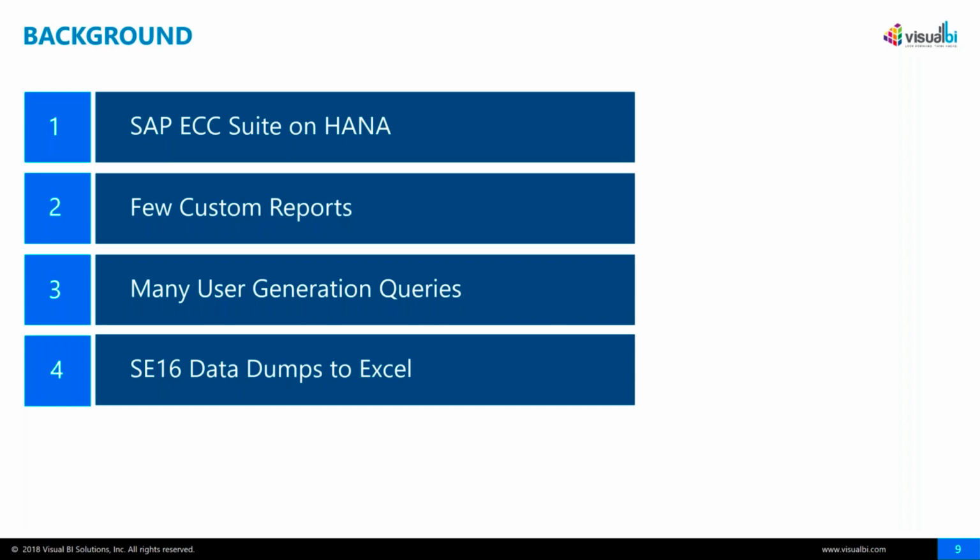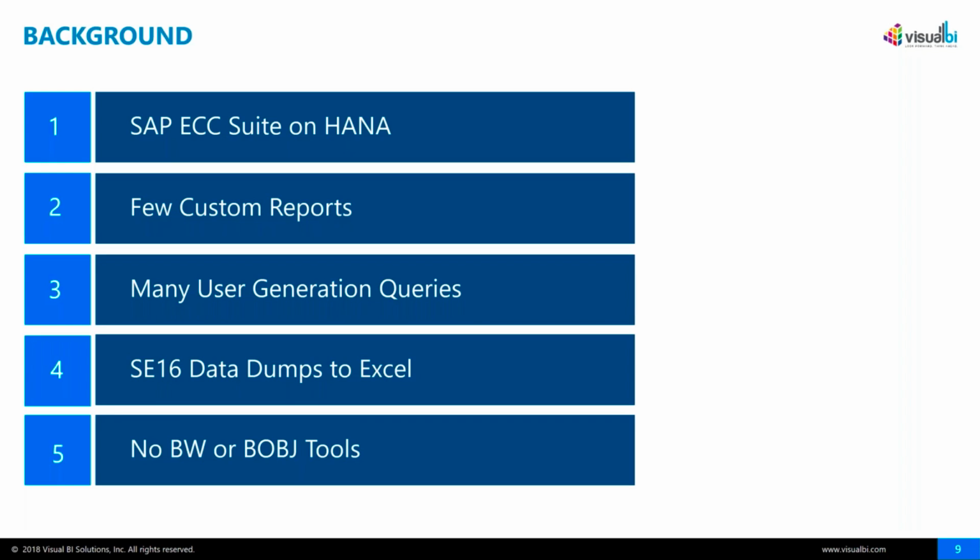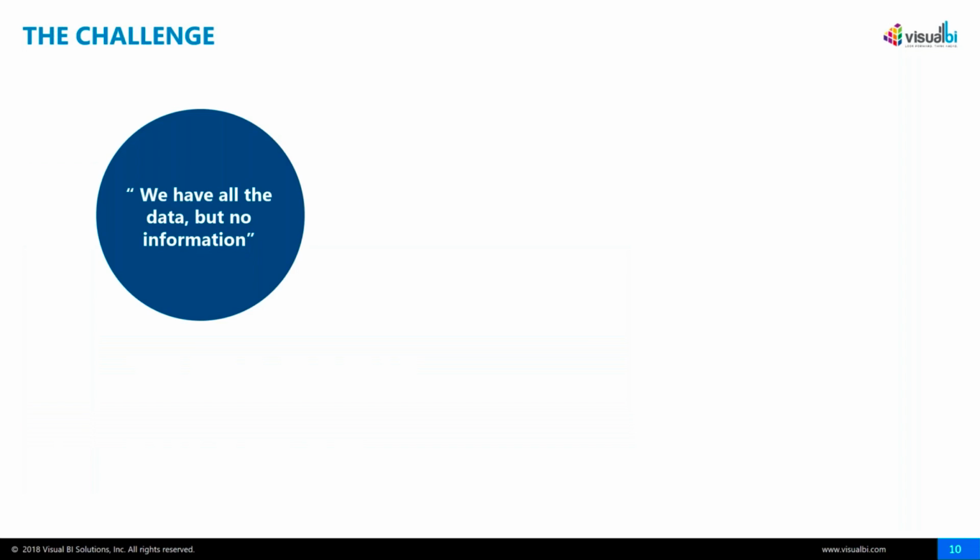There was no BW, that was by design, by choice, and also no Business Objects tools as well. Again, by choice, because we really wanted to see exactly how the users are using the information before we made a decision on what our long-term strategy is going to be for our data warehouse solutions. So that's kind of the background of where we started.